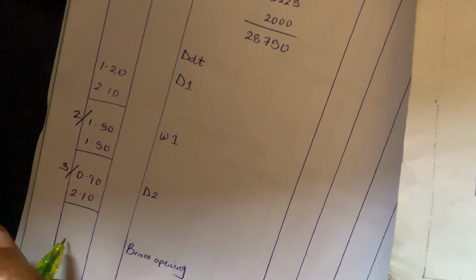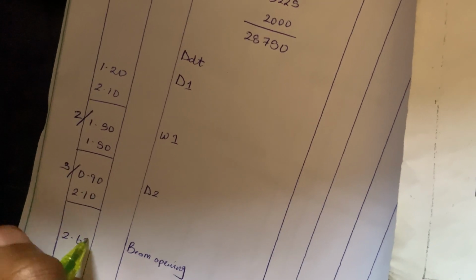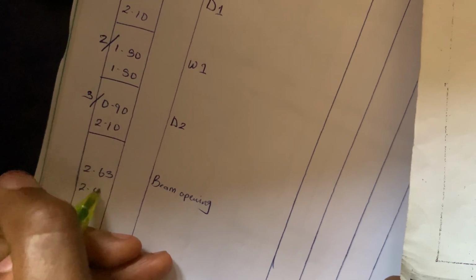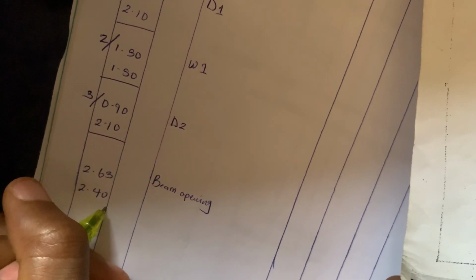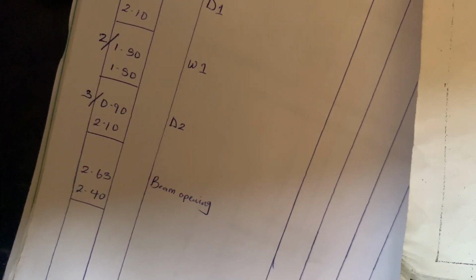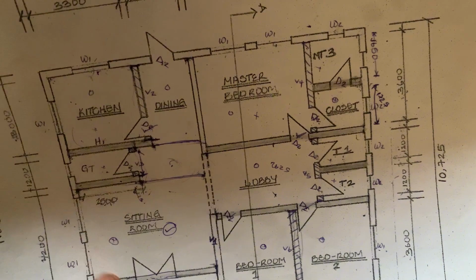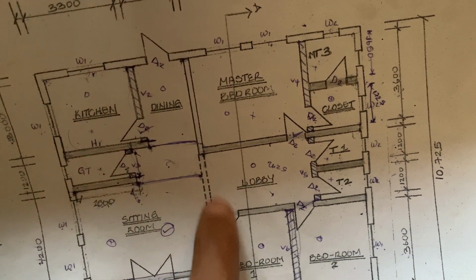So it should be 2.63 by the height of the beam opening, which is 2.40, and then we close. Doing this, we've booked for everything in this area.